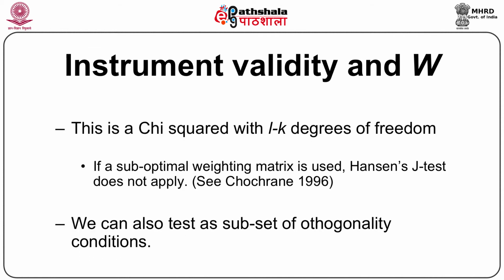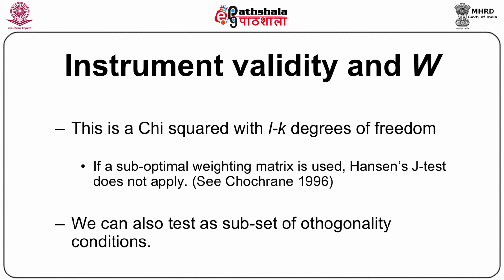Now let us consider the test for the validity of the instruments and consider the case of W. We have seen that since you have more instruments than the number of parameters to be solved, the above expression has a chi-square distribution with L minus K degrees of freedom.